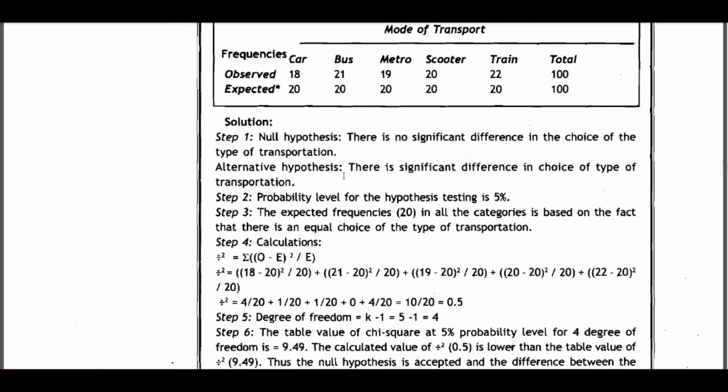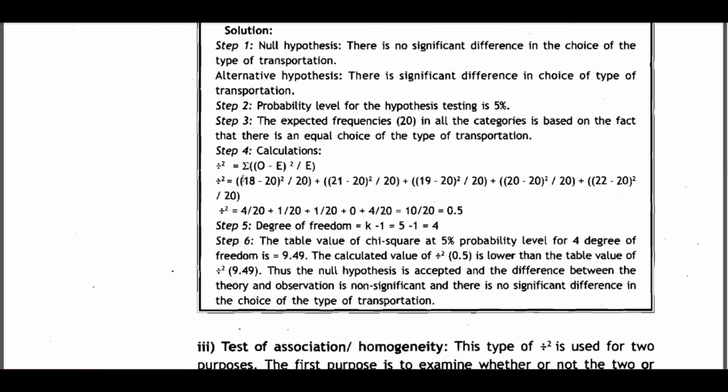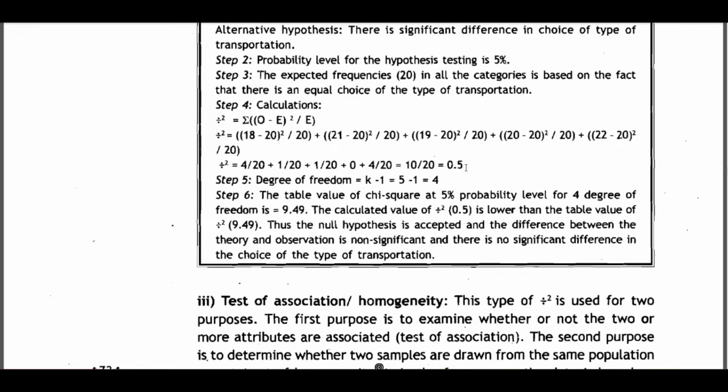Alternative hypothesis, there is a significant difference in the choice of type of transport. The probability level of the hypothesis testing is 5%. The expected frequency is 20 in all the categories, based on the fact that there is an equal choice of type of transportation. Calculation: chi-square is equal to sigma (O minus E) whole squared divided by E. Using these values, you will get chi-square as 0.5.